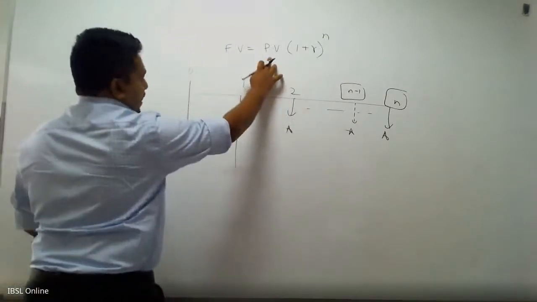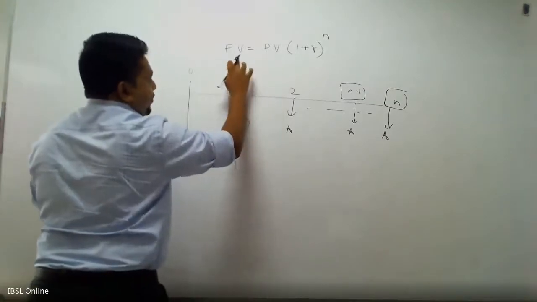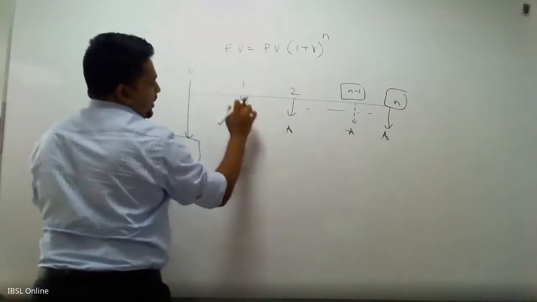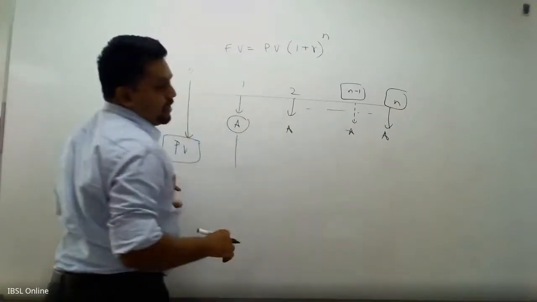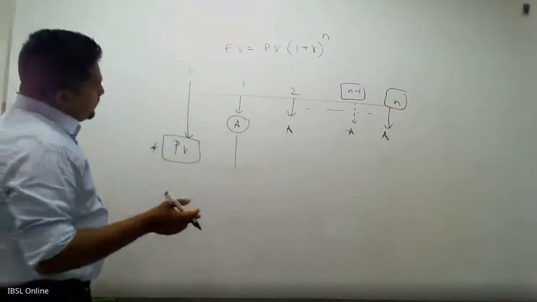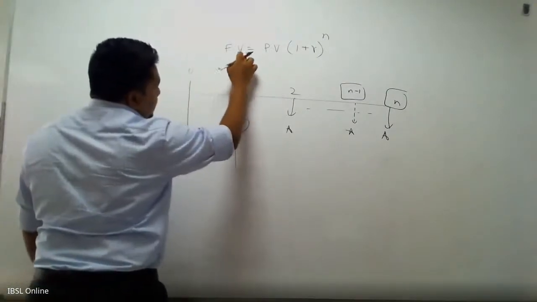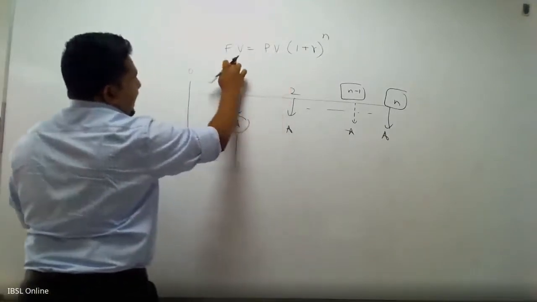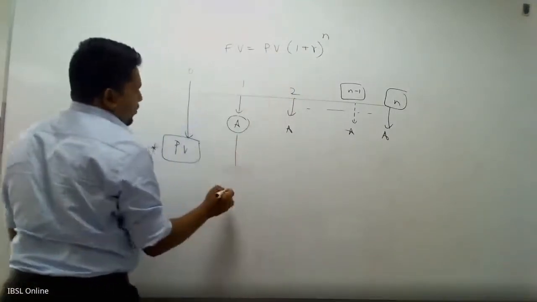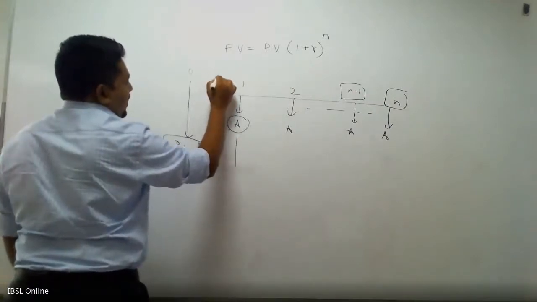So if the present value is what I want for this cash flow, I have to take the value of the future. These are the future values at year 1, year 2, year n minus 1, up to year n. So I know this future value is the A, and the present value is A divided by 1 plus r to the power n. I'm going to define this by r percent.